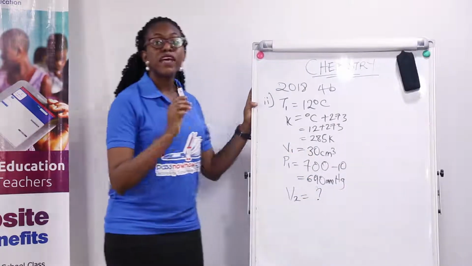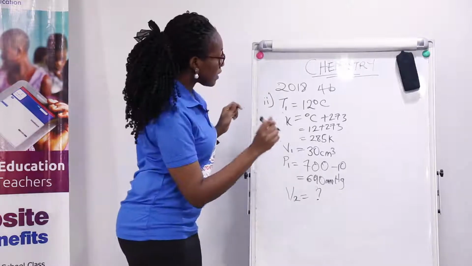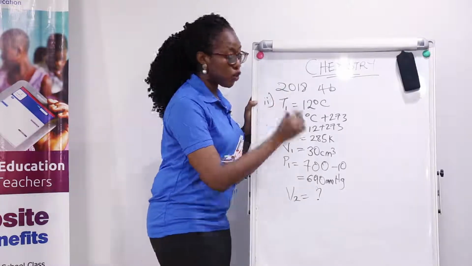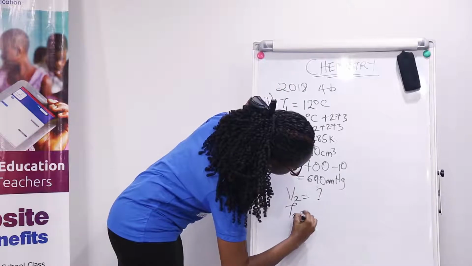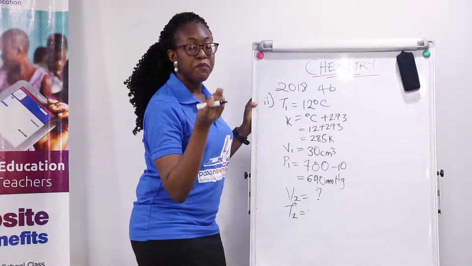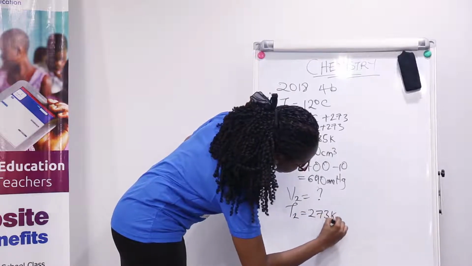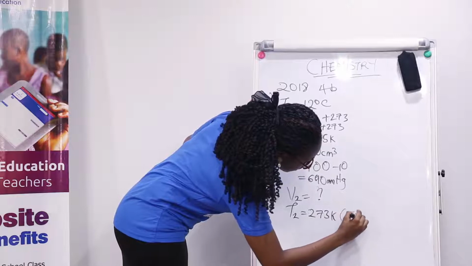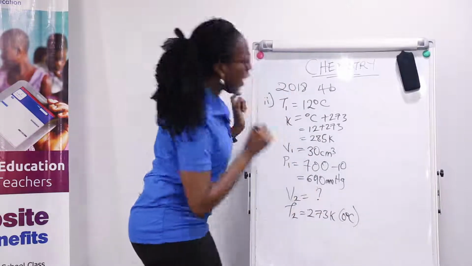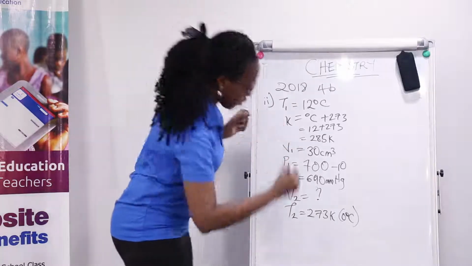And we know that at standard temperature and pressure, the standard value of temperature is 273 Kelvin, which is 0 degrees Celsius. And the pressure at STP is 760 millimeter mercury.